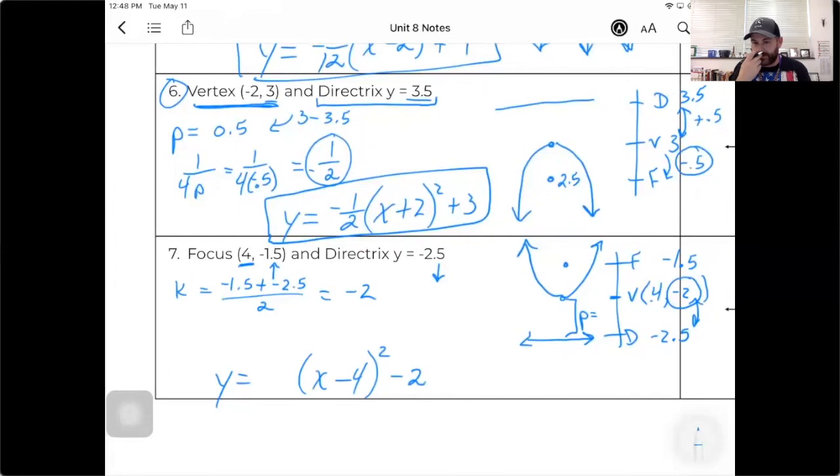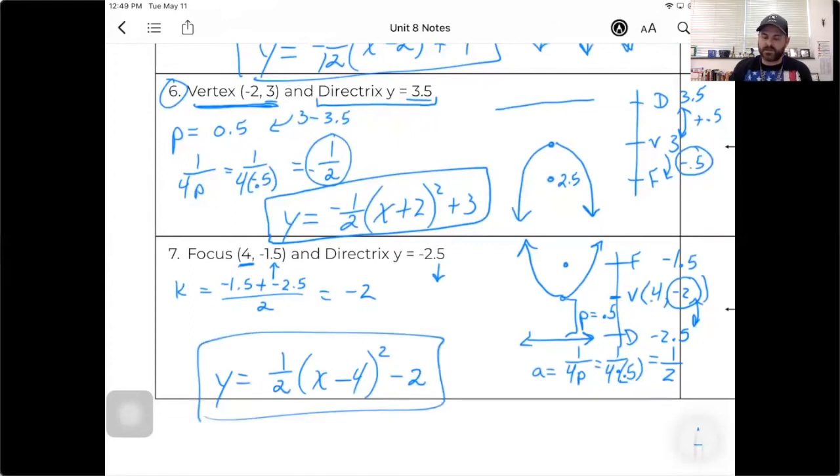You should be able to look at that and realize, oh, that's only 0.5 difference. So since p is 0.5, I'm going to find my a value by doing 1/4 times p, or 1/4 times 0.5. Well, 4 times 0.5, which is like half of 4, is 2. So that's a fraction 1/2. And this is a positive 1/2 because we're opening up.